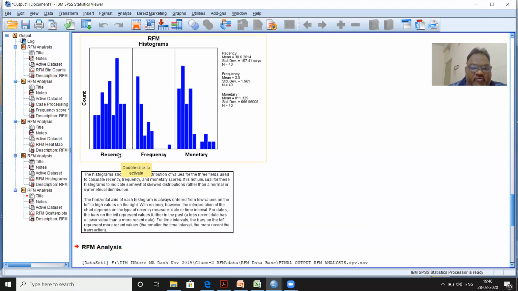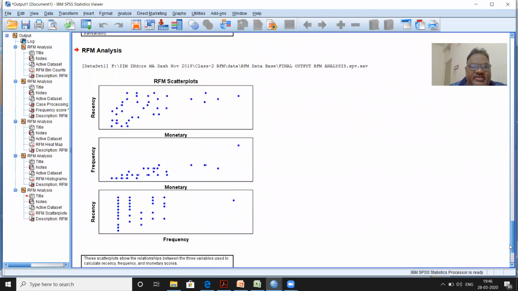However, interpretation of the recency chart depends on the type of recency measure. For dates or time intervals, the bar on the left represents values further in the past. So if this is our result, then I can consult the marketing manager: please try to improve your marketing strategy, because your frequency score is very low and your monetary spend is very low.